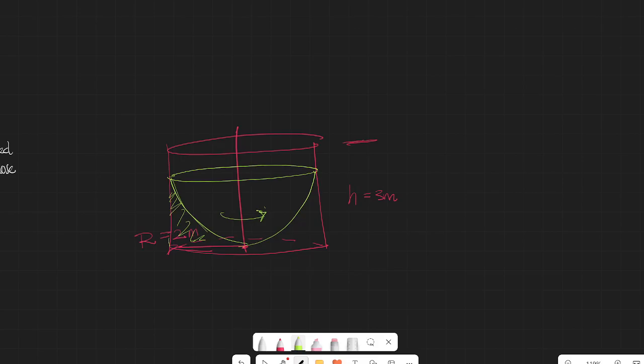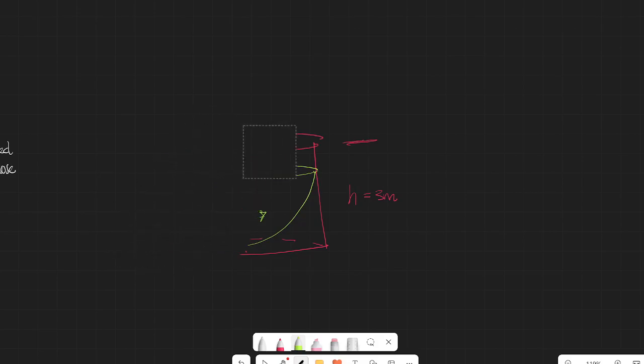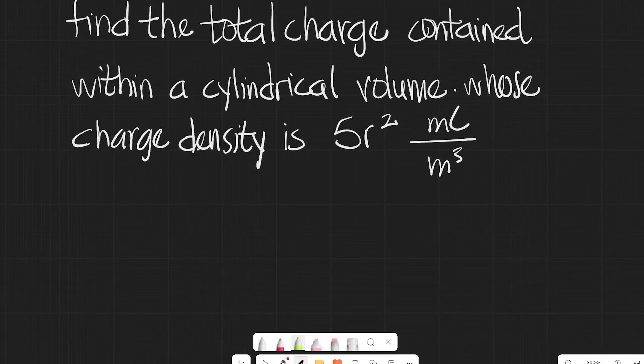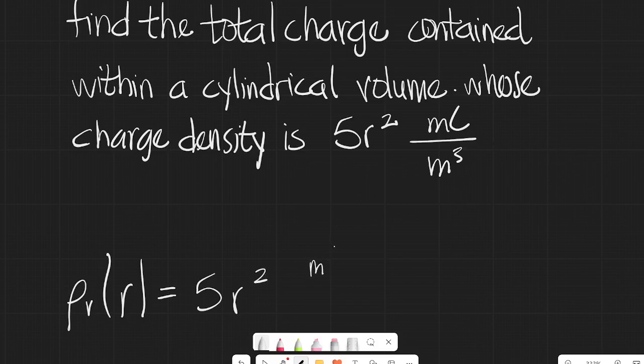So engineers have to design around that, and that means they have to be aware of how the charge is distributed around these volumes. In this case, we're given a very simple charge distribution per volume in terms of r as 5r squared millicoulomb per cubic meter.